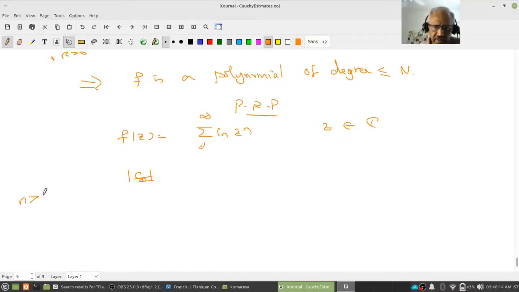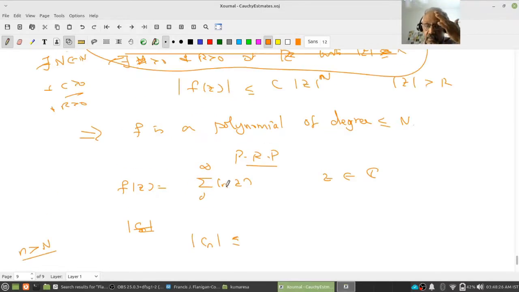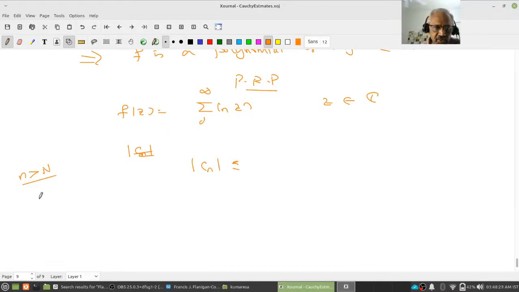Let n be greater than N. Then what do I know about mod c_n? Mod c_n is less than or equal to, and also assume mod z is greater than r.